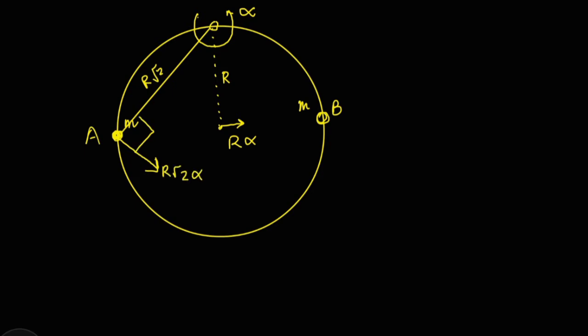So this angle is 90 degrees. Now if we do components of this, it will have two components. One is r alpha in this direction and the other is r alpha in this direction. So the acceleration of bead A is r root 2 alpha.